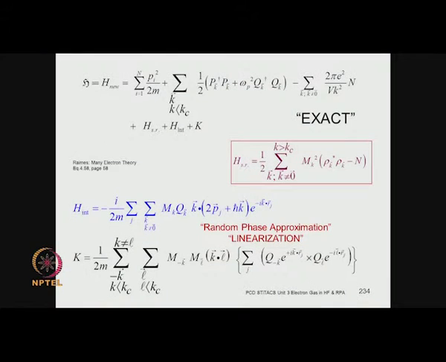They all cancel each other. So in the random phase approximation, you have a linearization process, you are ignoring these quadratic terms and this is then cancelled. So the term k which contributes to this transformed Hamiltonian can now be thrown off. Okay? So this is the random phase approximation.